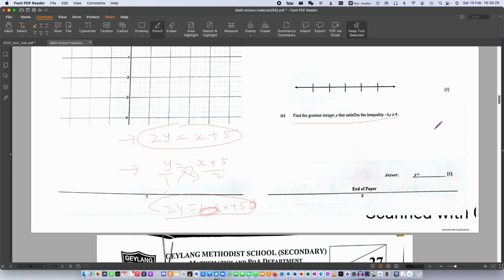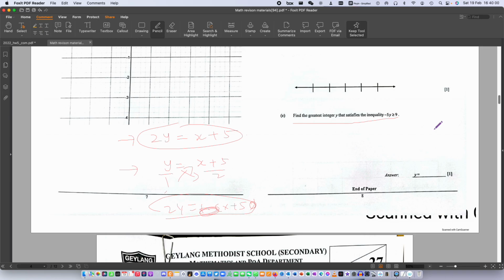1 unit here is how much? No, I'm talking about the difference. Difference is bigger minus smaller. 0.1, yeah.